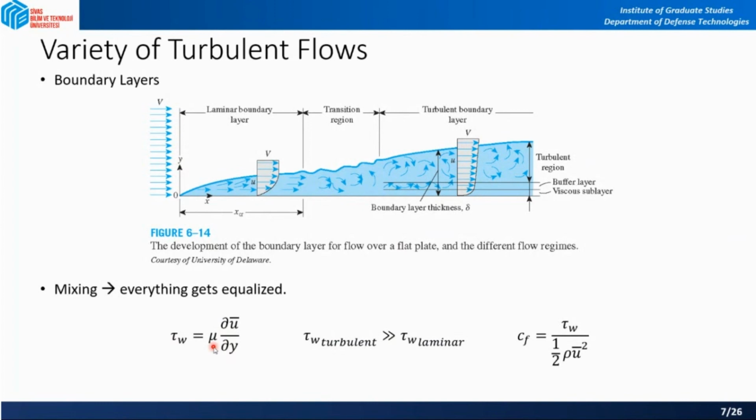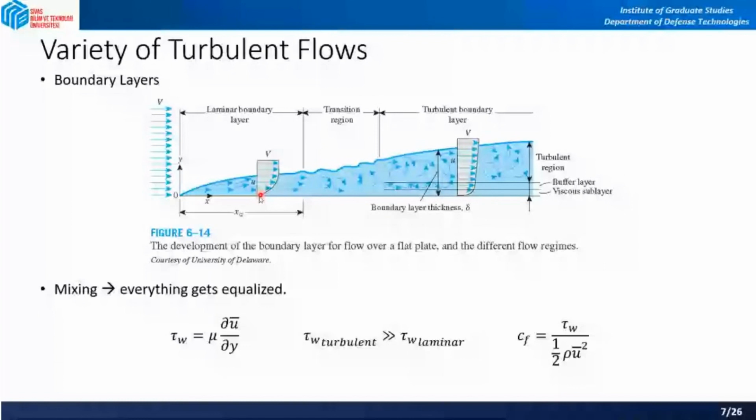It's related with mixing. I said that when you have mixing, you are not only mixing scalars like dye, paint or temperature, you also mix vectorial quantities like momentum. You remember I just said this. If you see the laminar profile, you can directly see that there is no mixing because you have very high velocities in here and very low velocities in here.